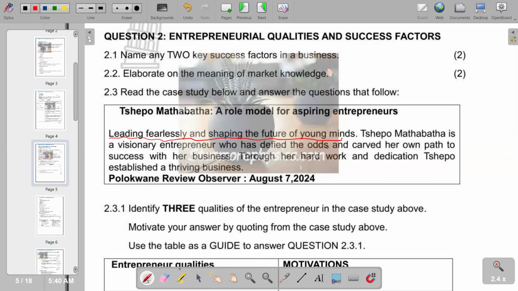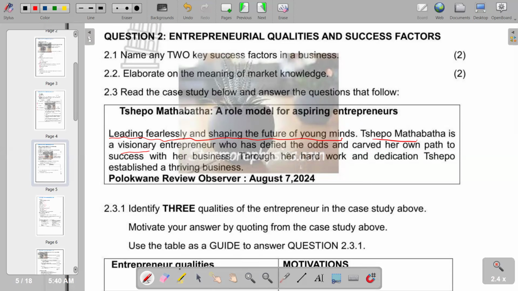And then if you go to the next sentence, it reads Shepo Matamata is a visionary entrepreneur, which indicates dreams with a clear vision. If you start from this sentence, that is a visionary entrepreneur, it indicates dreams with a clear vision as a quality of an entrepreneur.